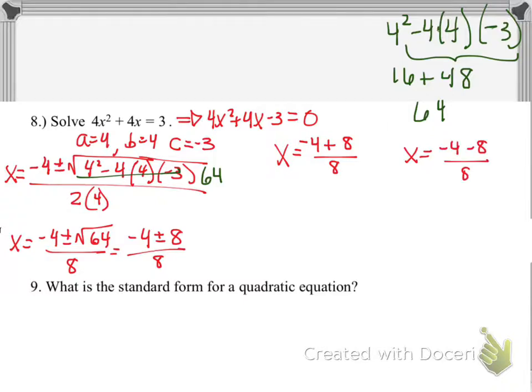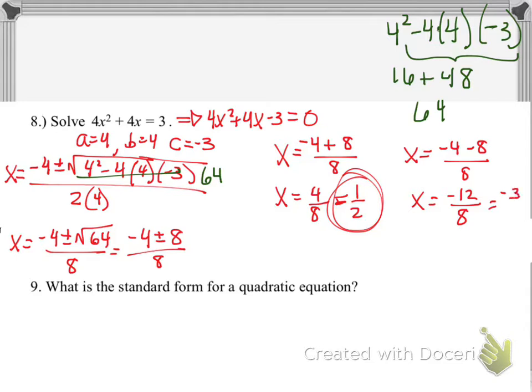-4 plus 8 is 4 over 8, which is 1/2. So there's one of my answers, 1/2. And -4 minus 8 is -12 over 8. That simplifies to, if I divide the top by 4, I get 3.